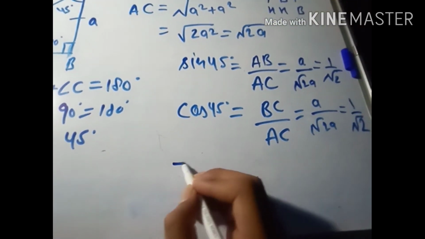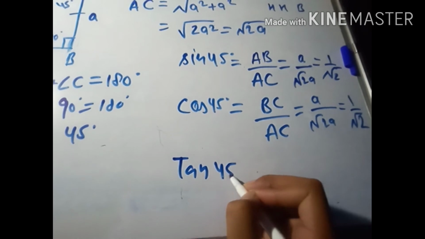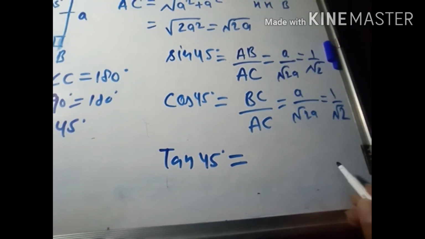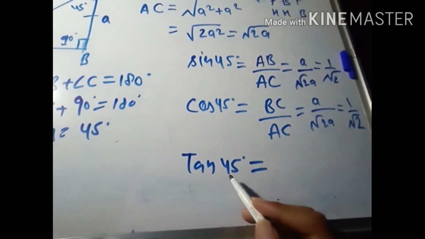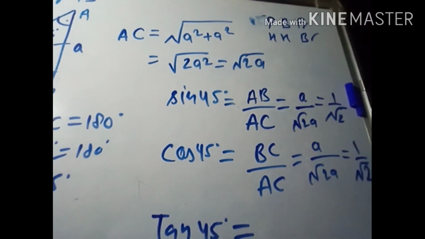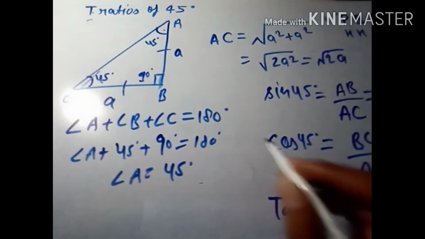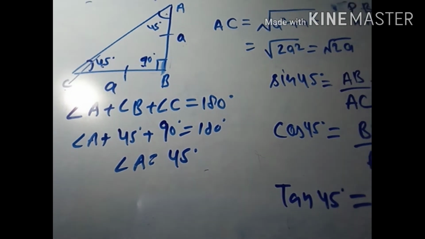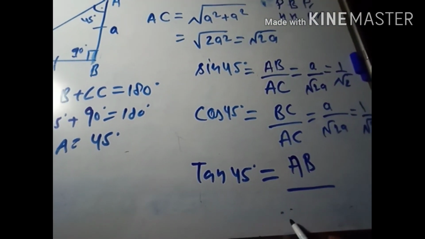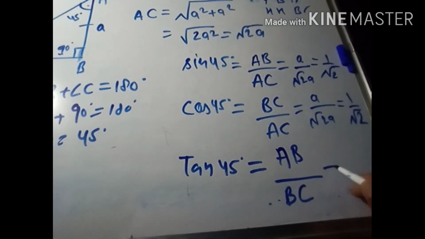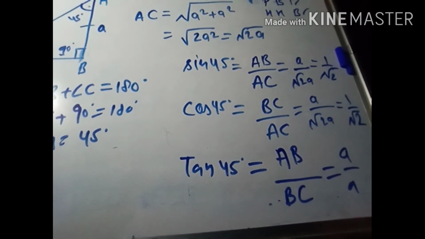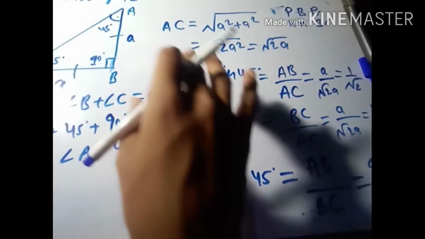Let us move to tan 45 degree. For tan 45 you take perpendicular upon base. Perpendicular is AB upon base BC, so this equals A upon A, which is 1.